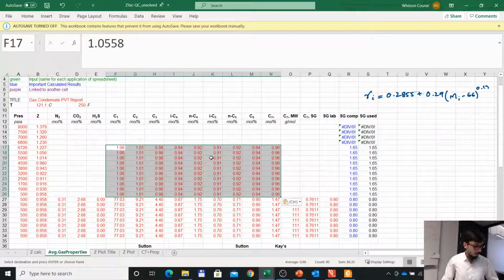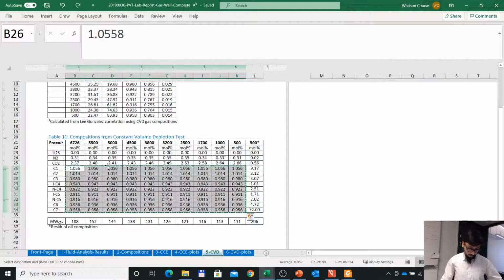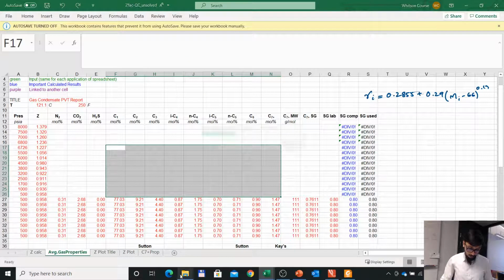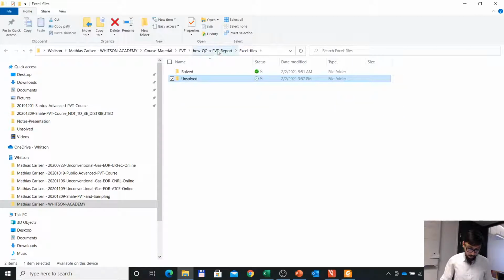Something went wrong. We go back. Something went wrong in this report here. Just need to close the spreadsheet and open the report again.